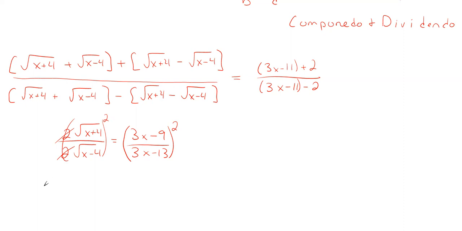So squaring everything here, what we're going to get is x plus 4 divided by x minus 4 is equal to 9x squared minus 54x plus 81 divided by 9x squared minus 78x plus 169.